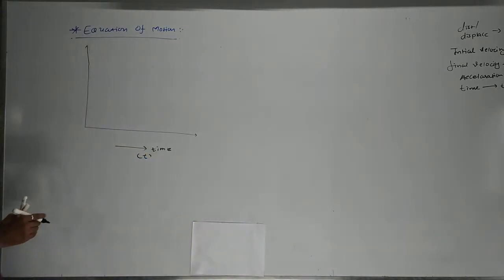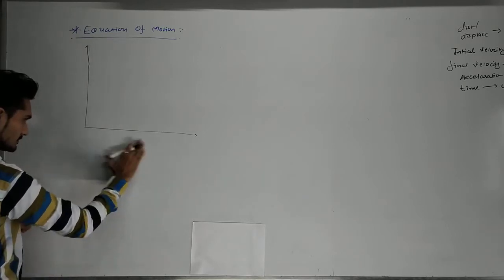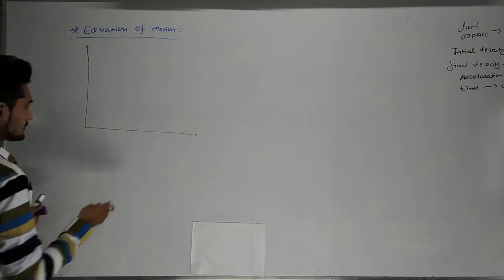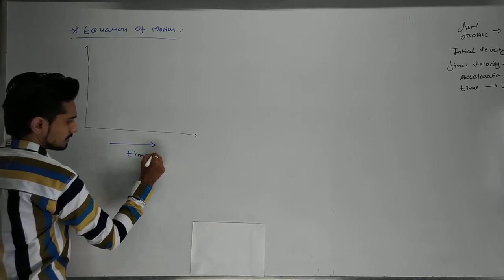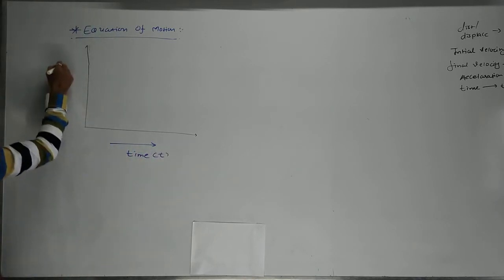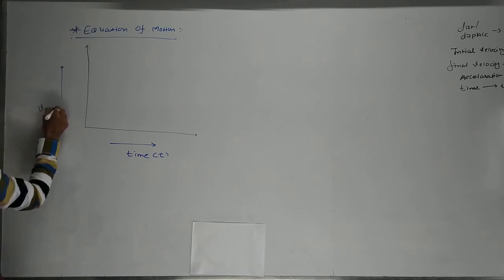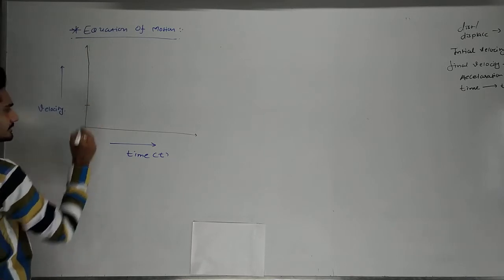On the particular graph we have seen that, here we take velocity, in which we have taken the initial velocity at this point.